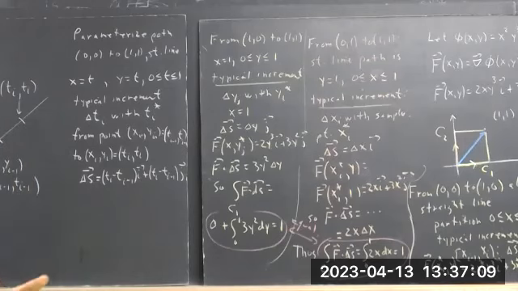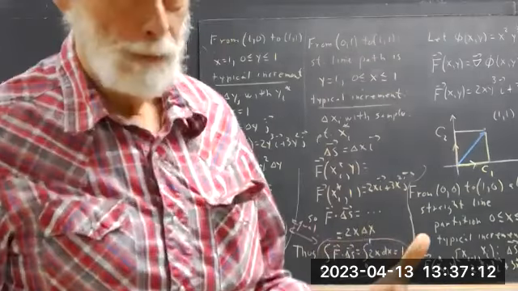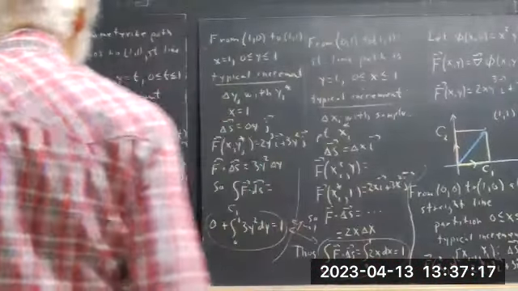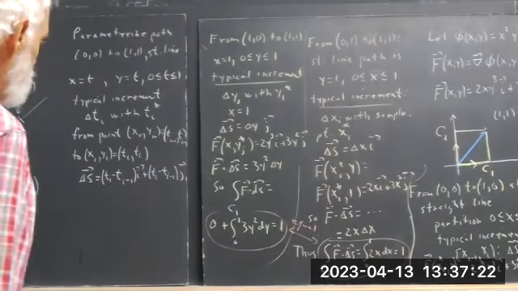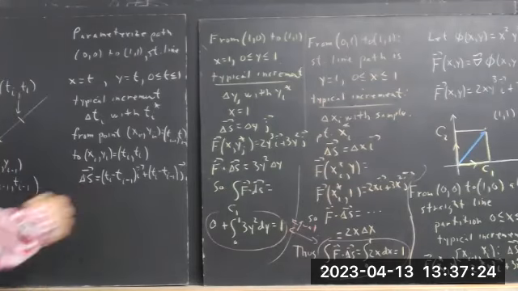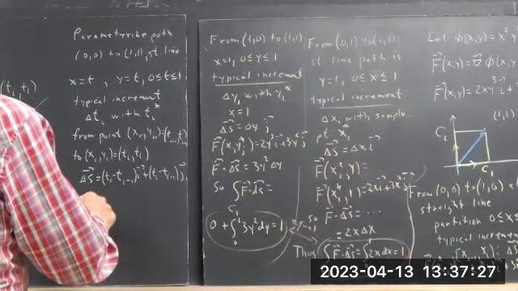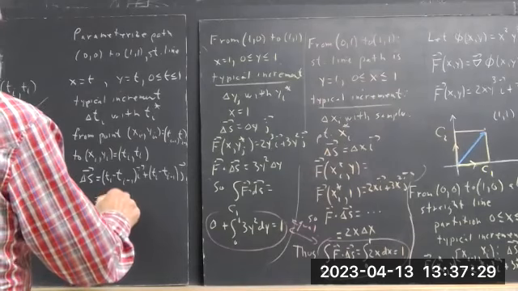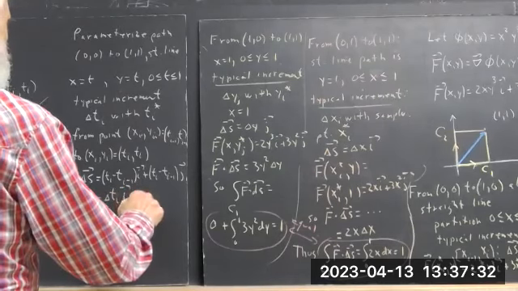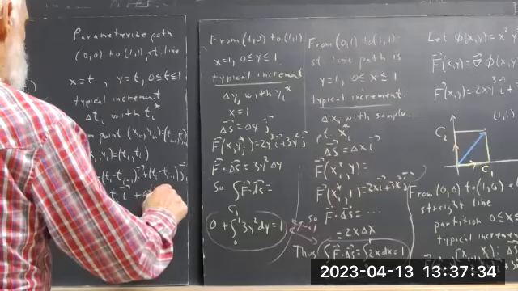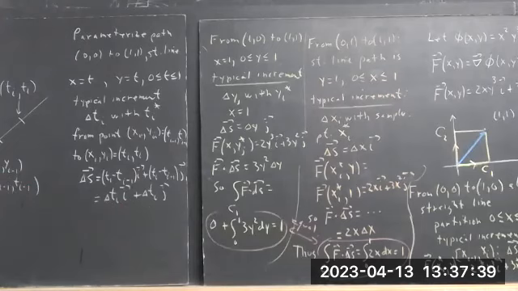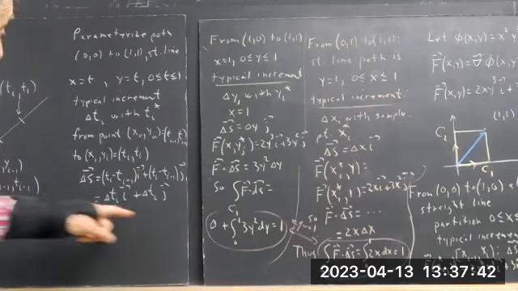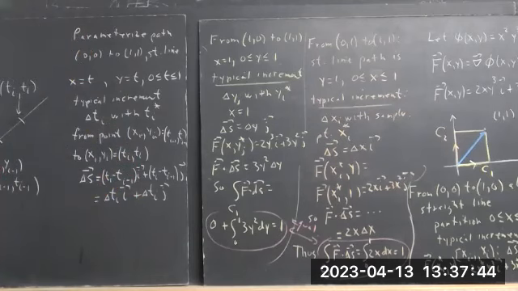I would love to see a picture instead of just a bunch of symbols, because I think everybody missed at least one important thing. Anyhow, there's your delta s, right? And of course, I could write that as delta t_i times i plus delta t_i times j. Now we've got a delta s, and of course then F.